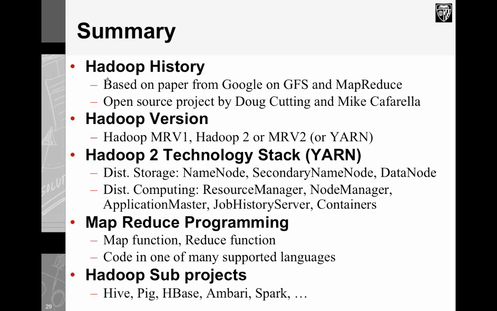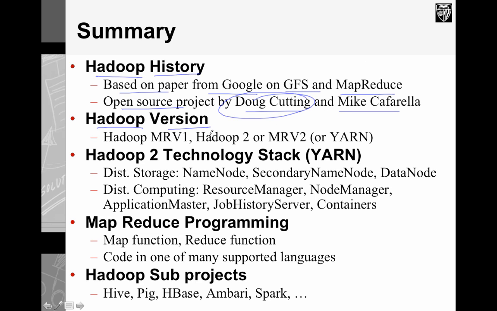In summary, in terms of Hadoop history, Hadoop is based on a paper from Google on GFS and MapReduce. It is an open source project by Doug Cutting and Mike Cafarella. Doug Cutting is considered to be the master Hadoop architect, who is also the chair of the Apache Open Source Foundation.